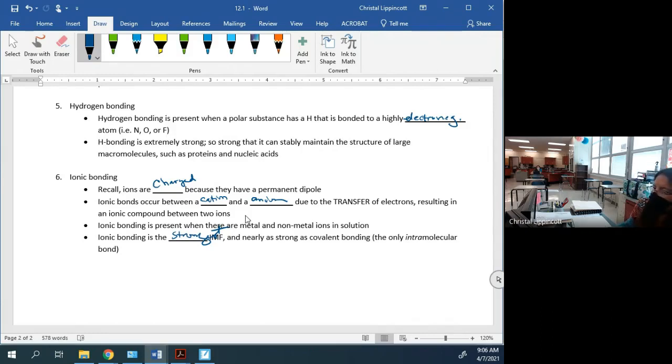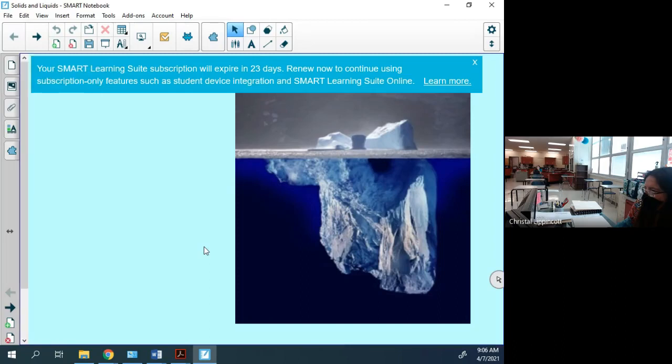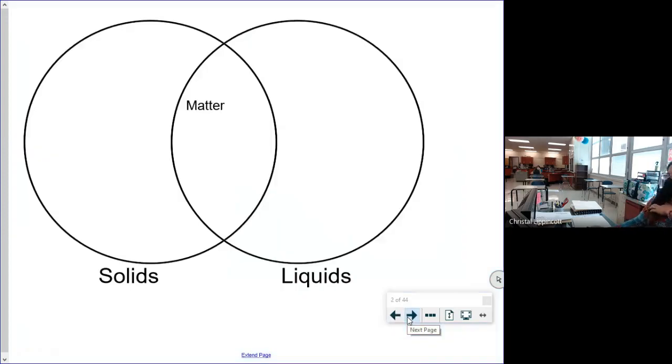All right. So I want to turn our attention over to solids and liquids here. I don't know if this will let me write on here or not.